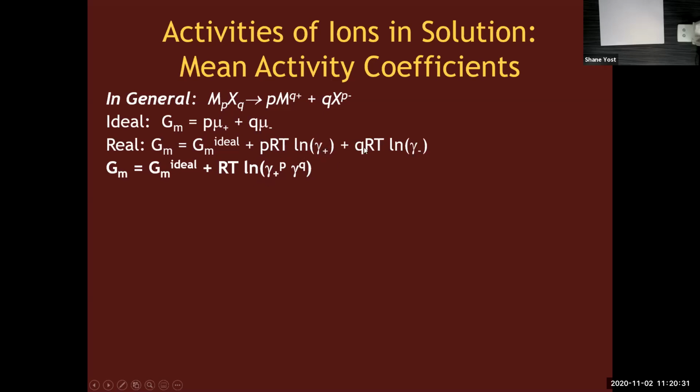And so I'm going to combine these two natural log terms to get RT. I put P in the exponent here and Q in the exponent here, so I can add these two terms together to get RT times ln of gamma plus, the cation activity coefficient to the P power, times the anion activity coefficient to the Q power. Got the minus here, because that's gamma minus.